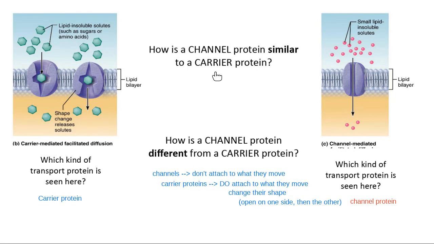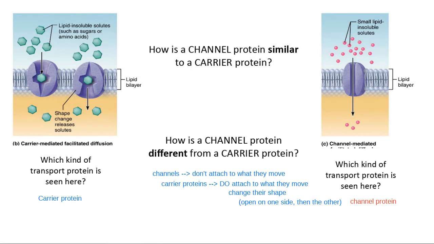Can we think of any ways that channel proteins and carrier proteins are similar to each other? Any ideas on how they might be similar? Yeah, so Nicole's honing in on probably the most important similarity, the kind of thing that channel proteins and carrier proteins transport.